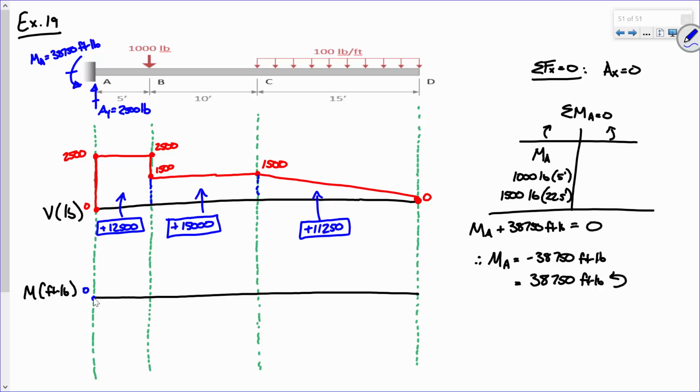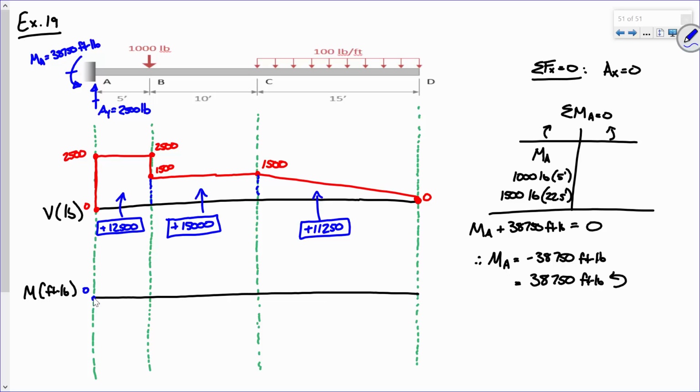What's the first thing we see in terms of moments? 38,750. I want you to do this mentally. There are two ways theoretically we could handle this: we could draw it up, or we could draw it down. If we drew it up, all these areas would increase, and we would never come back to 0.